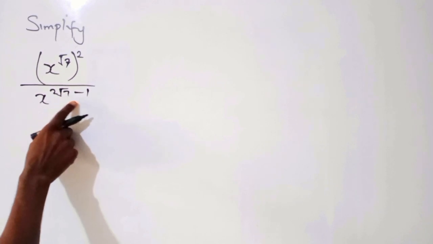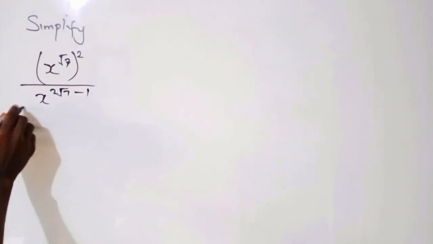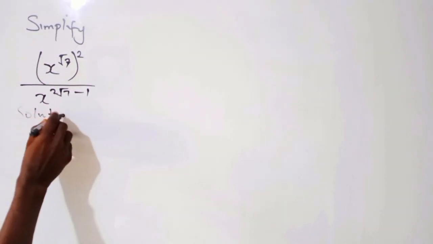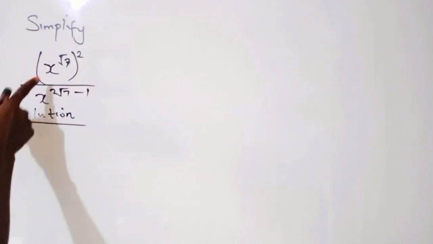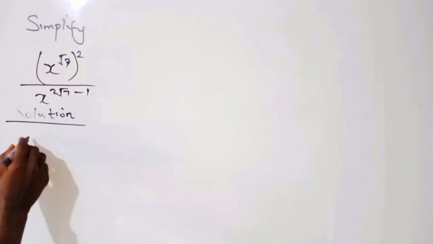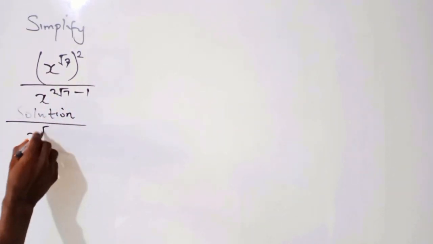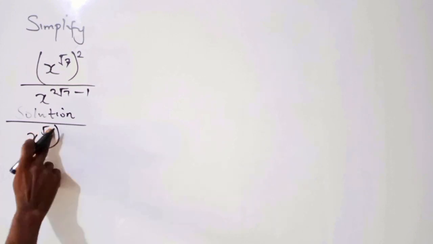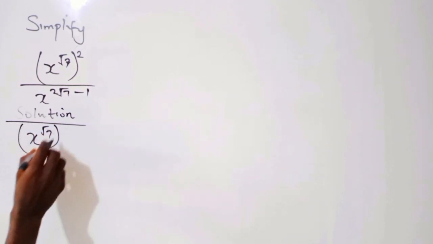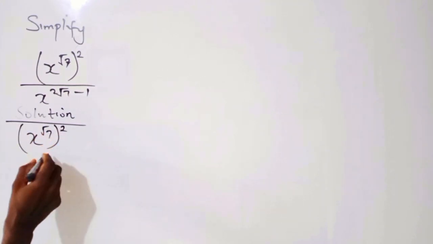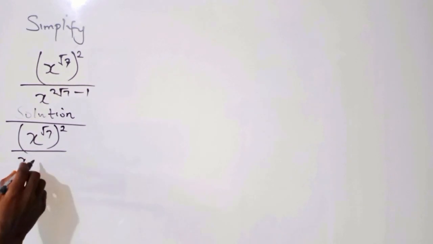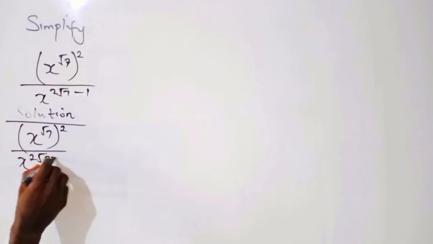The question says we simplify x to the power root 7 squared over x to the power 2 root 7 minus 1. How do we go about this solution? For the numerator we have x to the power root 7, raised to the power 2, over x raised to the power 2 root 7 minus 1.